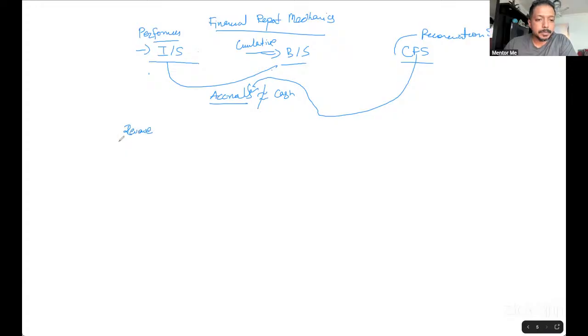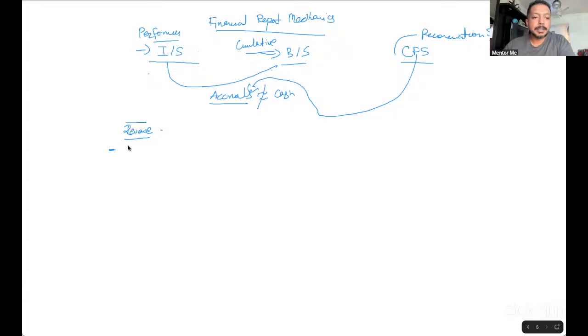revenue. Revenue can be either the sale of products or the sale of service, it doesn't matter. So revenue, and then we reduce. First and foremost, the thing to reduce is the cost we incurred to generate this revenue. If it is a laptop manufacturer, then the cost of those parts which we bought to make that laptop is the direct cost.